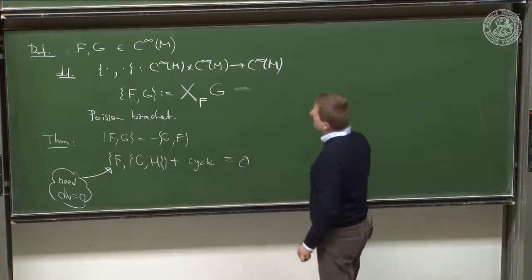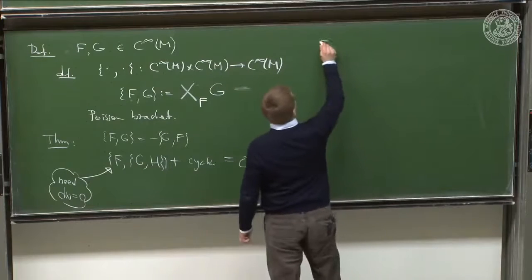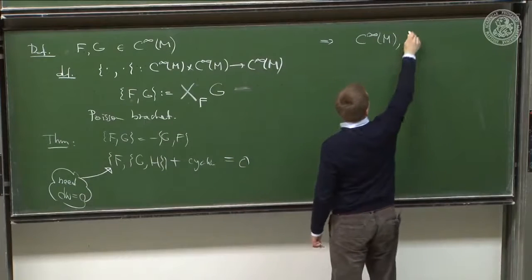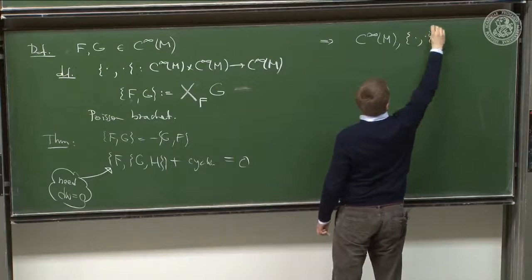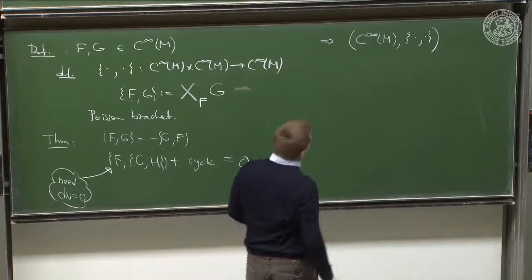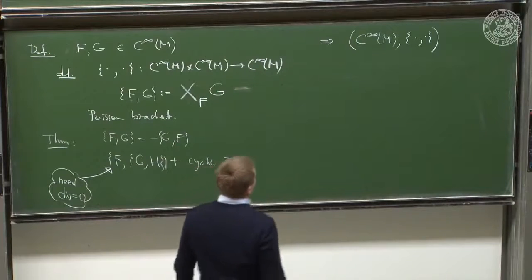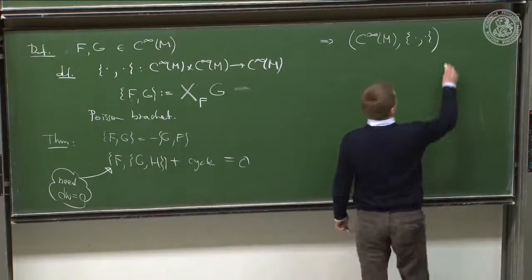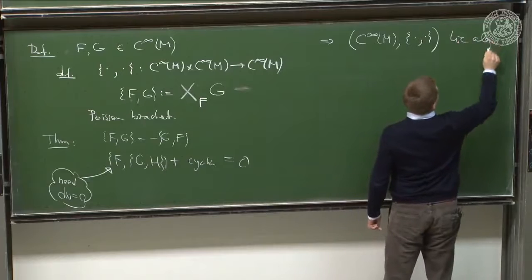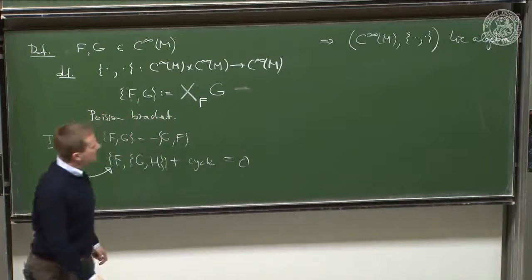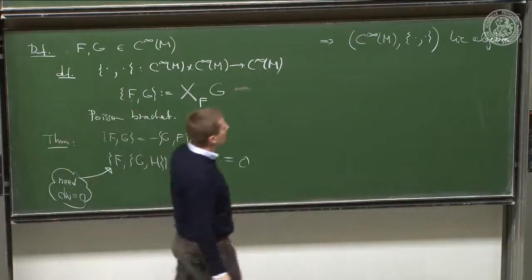And then, obviously, if we equip all the smooth functions here with a Poisson bracket, we get a Lie algebra, because those are precisely the properties of an abstract Lie algebra.